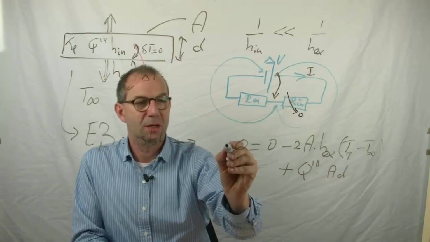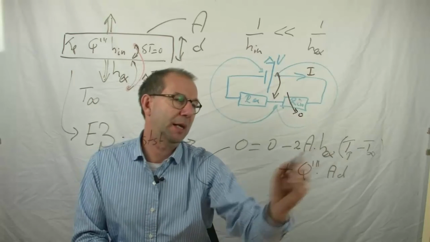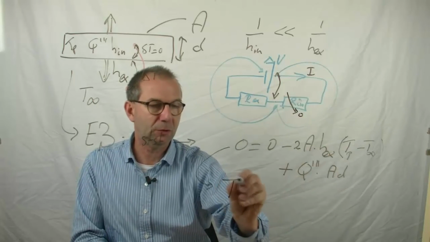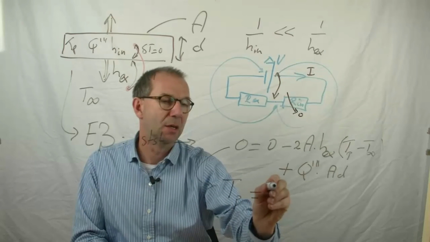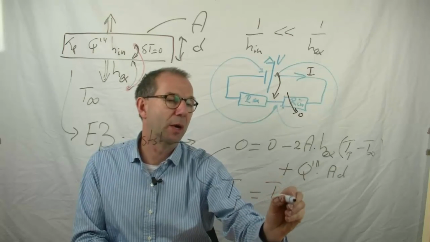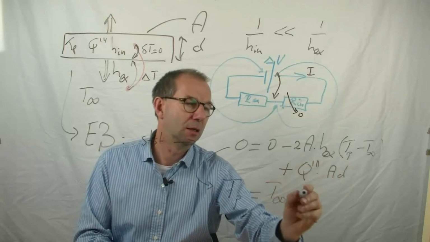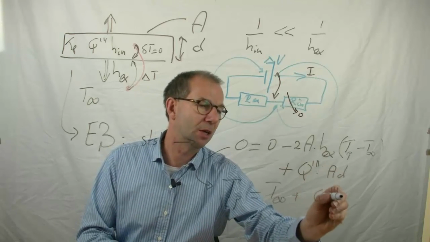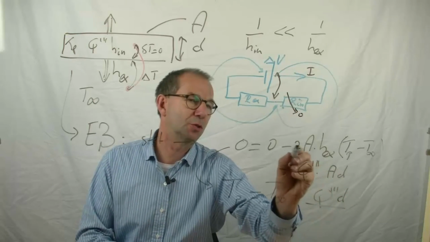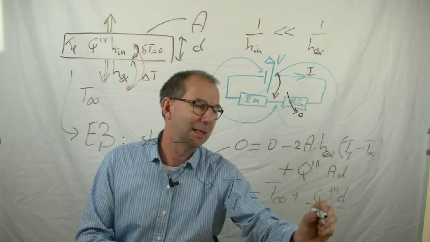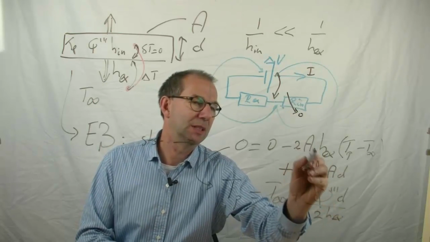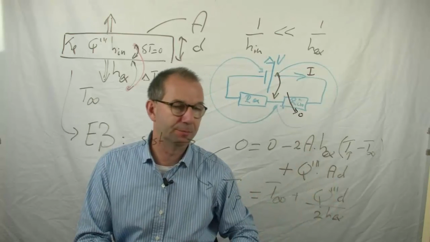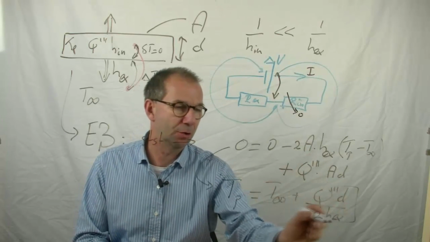And from this, it is rather trivial to back out the temperature of the plate. That's going to be the temperature far away plus Q triple prime times D over 2 H external, the area A dropping out. And this is the solution.